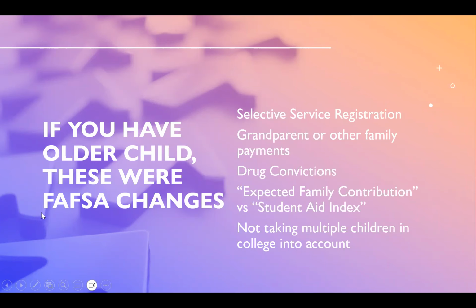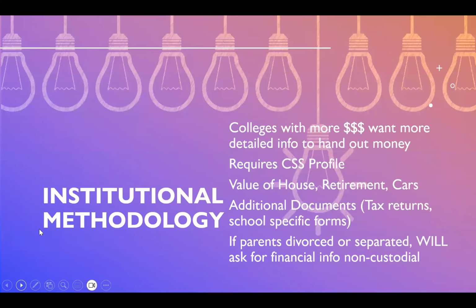One thing you may have heard: it doesn't take multiple children in college into account. It's not a question how many siblings are in college. That doesn't mean that the individual colleges aren't asking that question, but for purposes of the financial aid paperwork, no, they are not asking that.